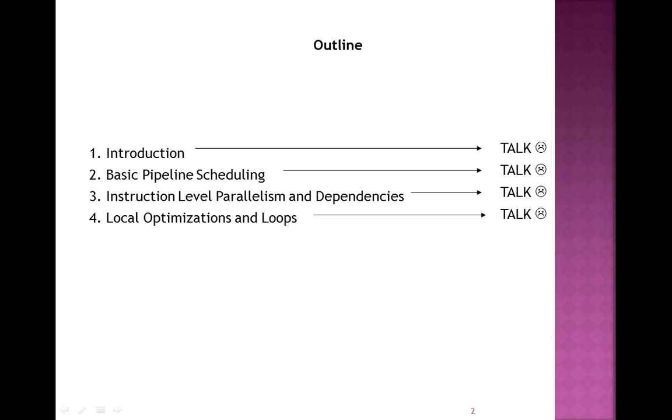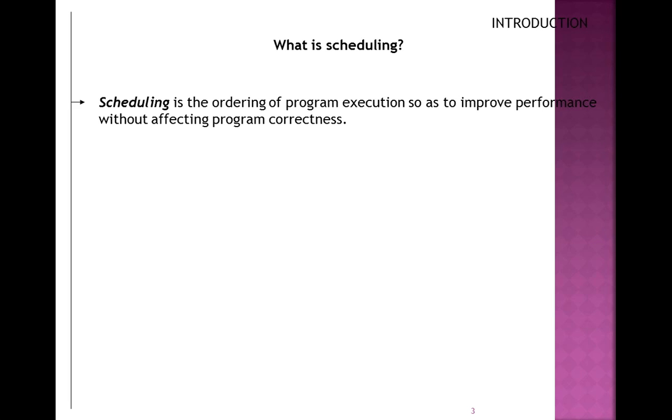We started with four topics in this chapter: introduction, pipeline scheduling, instruction level parallelism, local optimization, and loop unrolling. First of all, introduction.